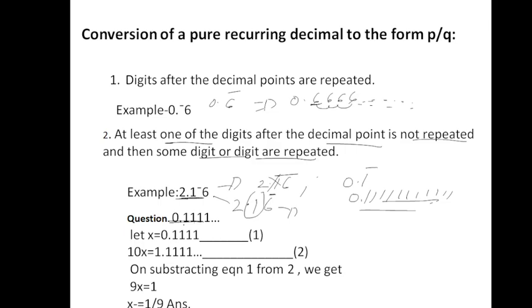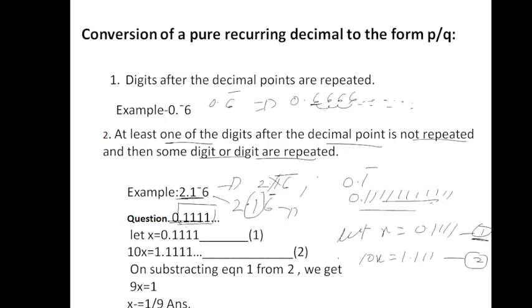Now take this question: 0.1 bar. Let x equal 0.111, and this is equation 1. Now we multiply both sides by 10, so this is 10x equal to 1.11, and it is equation 2.